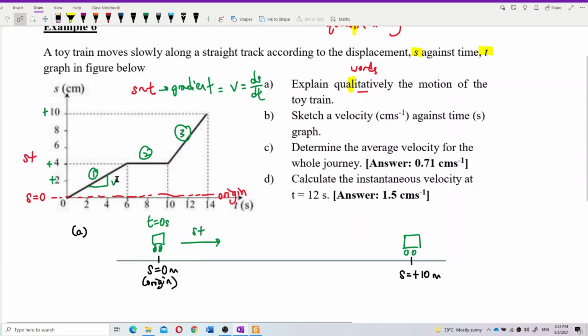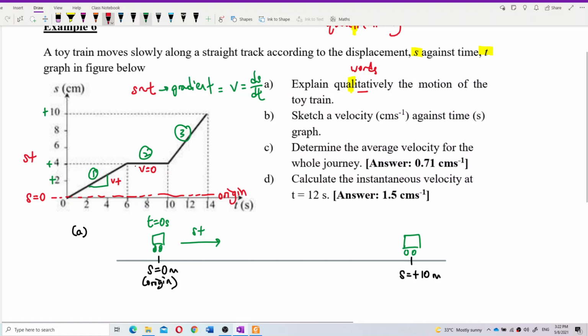What can you say about the velocity at the first part? You get a positive gradient. That means it is moving to the right. The direction of the train is moving to the right. But for here, the gradient is 0, so velocity is 0.